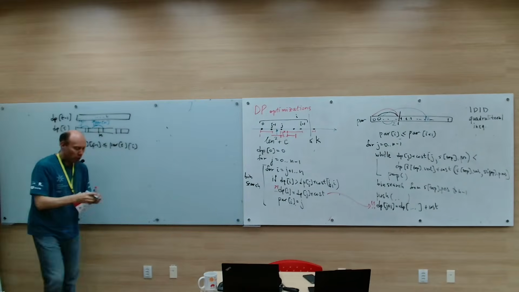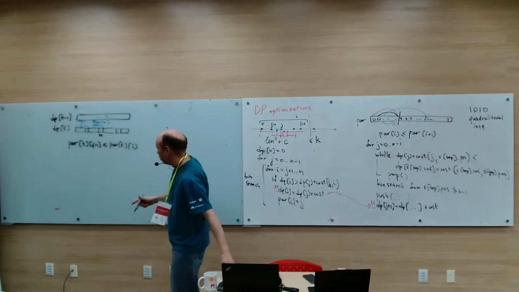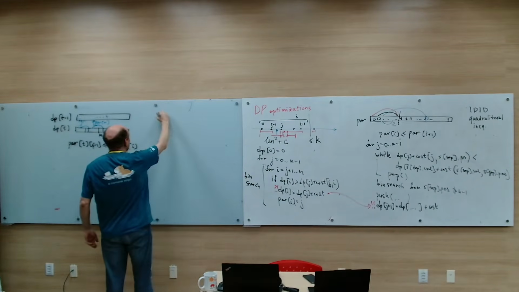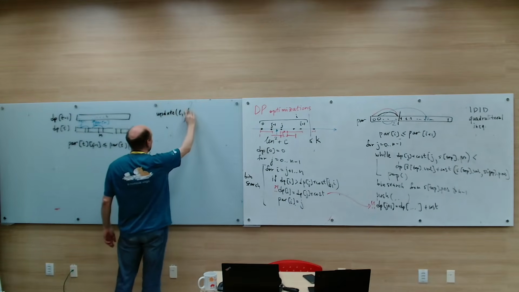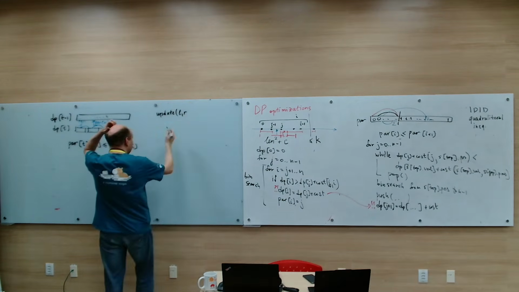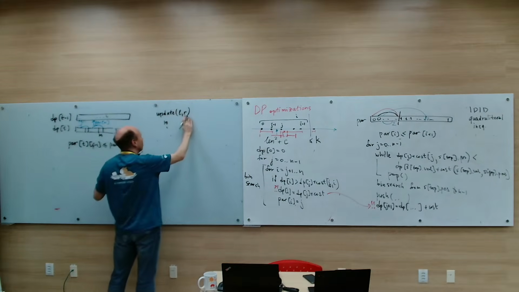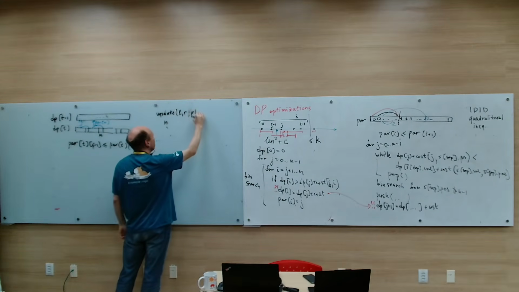How does the code structure look? It's like update(left, right, parent left, parent right).